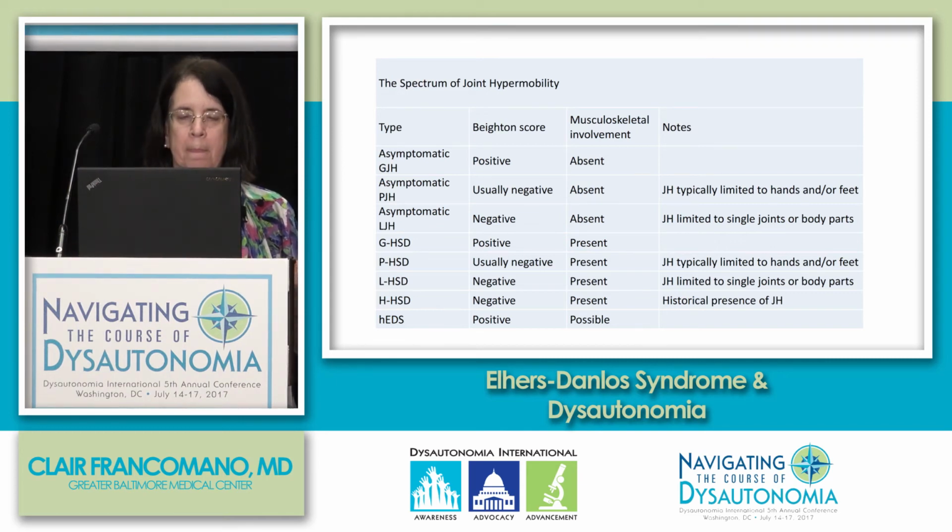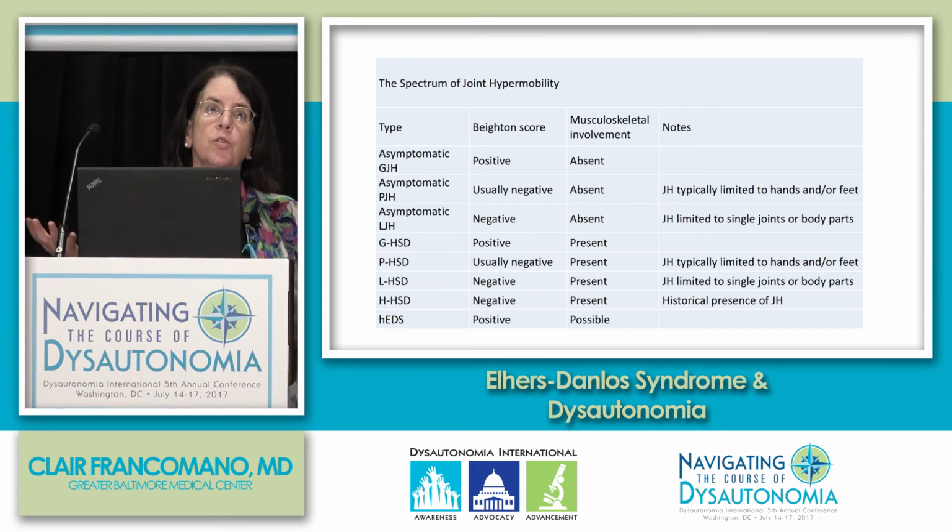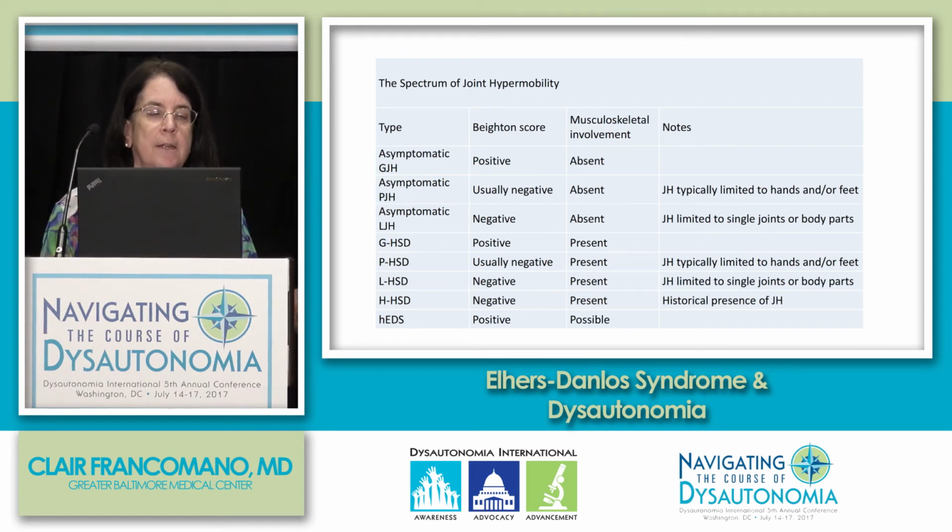So you can see here, we may have generalized joint hypermobility. If you look along the column on the left-hand side, you have GJH, which is generalized joint hypermobility, PJH, peripheral joint hypermobility, which means the hypermobility is pretty much limited to the small joints in the hands and the feet.